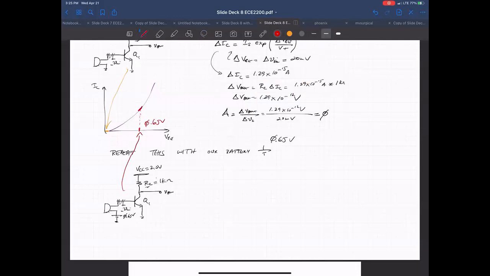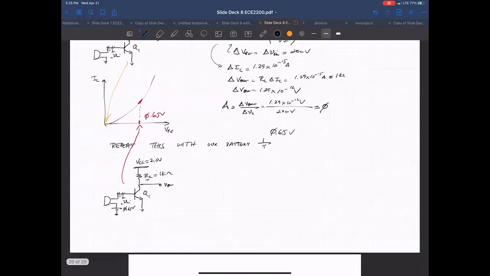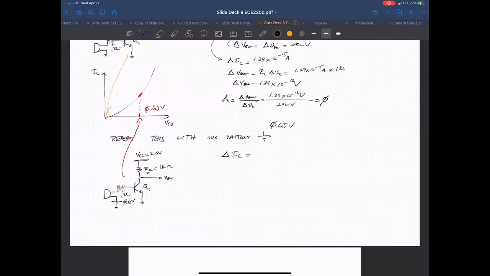So again, without doing the small signal analysis, if I look at delta I sub C here, and my input is 20 millivolts, this guy creates 20 millivolts on top of the 650 millivolts. So it's I sub S exponential of 650 millivolts plus 20 millivolts over V sub T. That's the highest value, so this is the max.